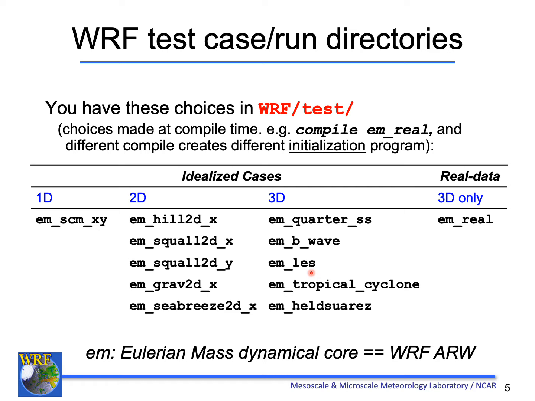They are shown on this slide. The model can be run in 1, 2, and 3-dimensional spaces for these idealized cases. However, the most popular use of the model is the real data simulation in 3-dimensional space. We are going to show how to make a real data run, as well as an idealized case, the supercell case.